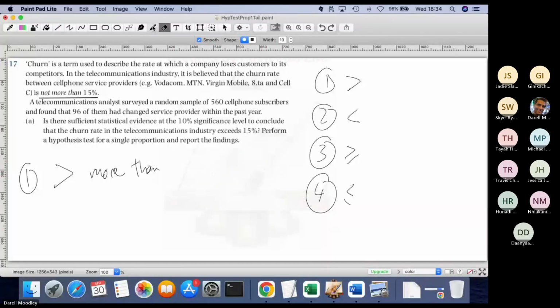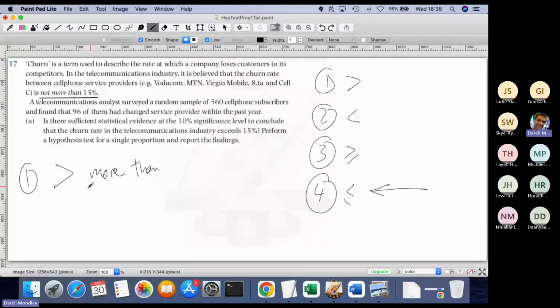Not more than is the opposite of the sign. Which one would be the opposite of this? That's pretty much my question. Which is the symbol that represents not more than? Does everyone understand why it would be this here? Option 4. This is the opposite of that.